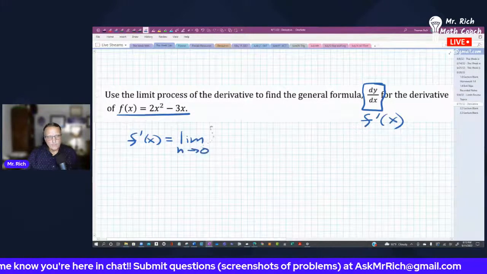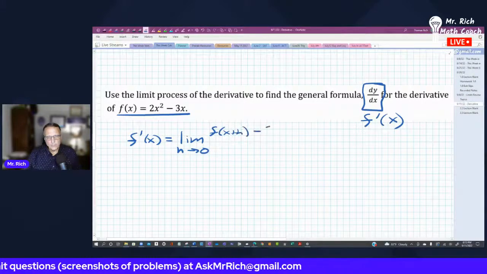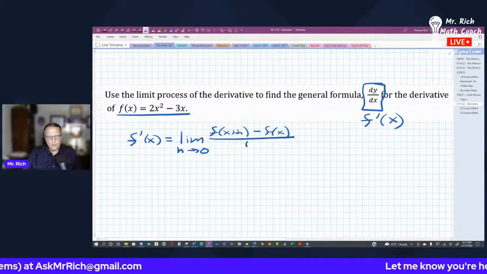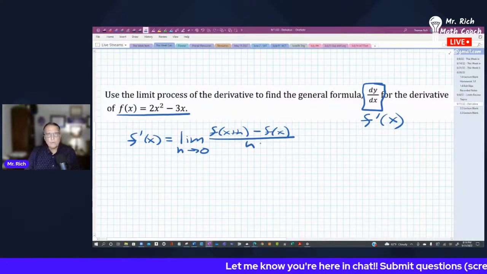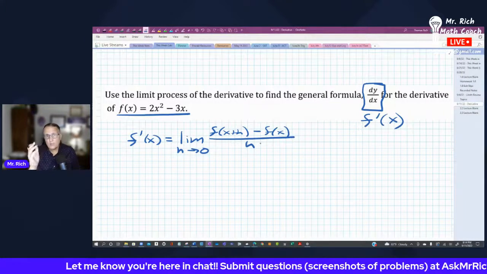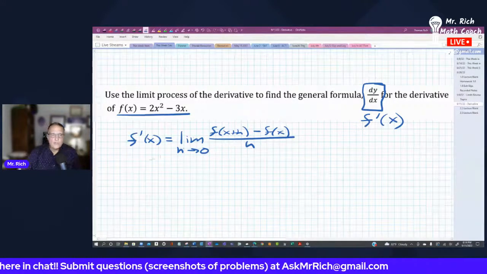The limit as h goes to 0 of f of x plus h minus f of x all over h. And so how do we do that? Well, we're just going to do it, right? You've probably done one of these, what we call a difference quotient, in your pre-calculus class, but I'm just going to do what it says.